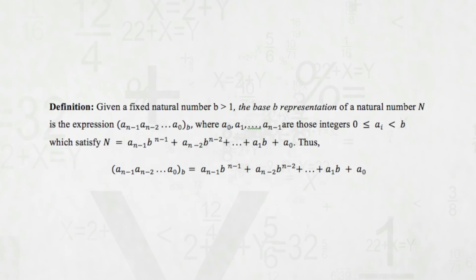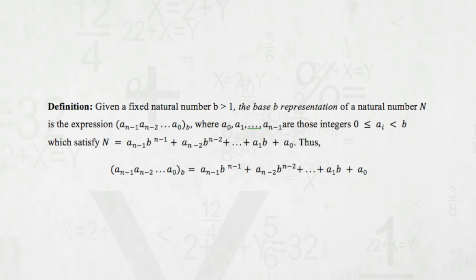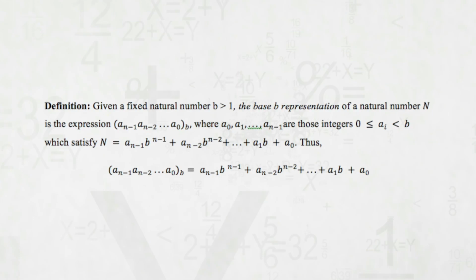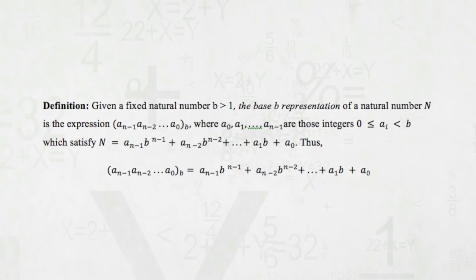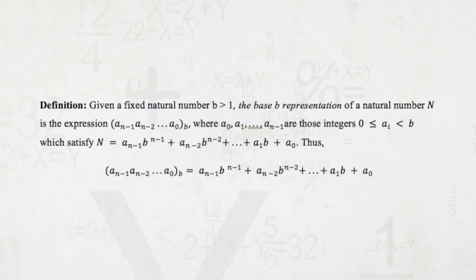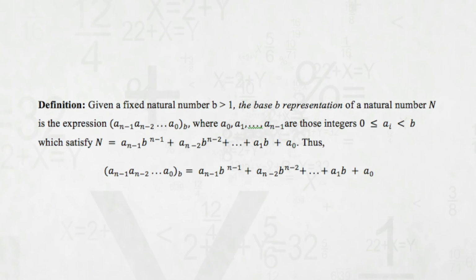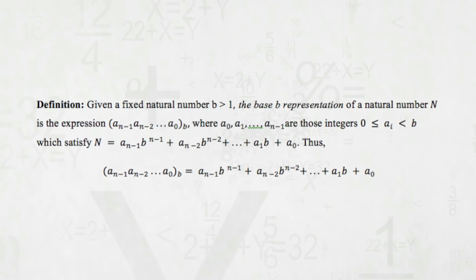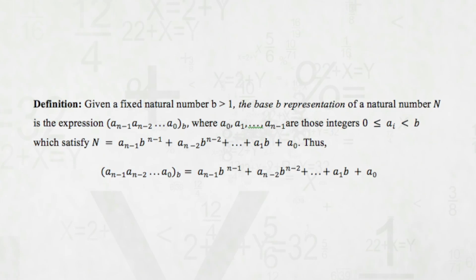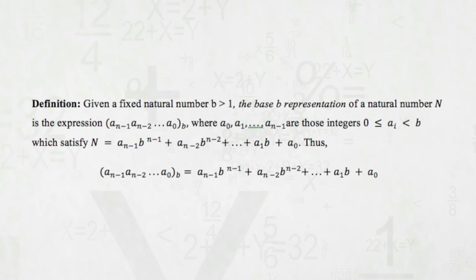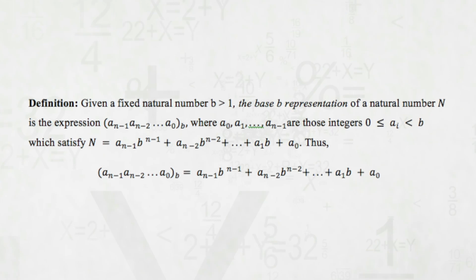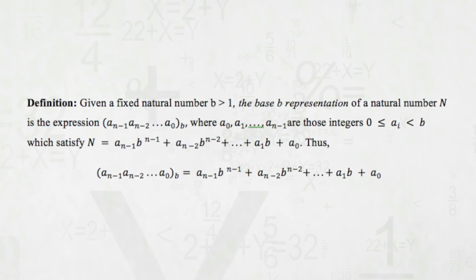That is, given a fixed natural number B greater than 1, the base B representation of a natural number n is the expression a_{n-1}, a_{n-2}, etc., a0 to the base B, where a0, a1, etc., a_{n-1} are those integers with ai lying between 0 and B, that is 0 less than or equal to ai less than B, and n can be written as a_{n-1} multiplied by B power n minus 1 plus a_{n-2} multiplied by B power n minus 2 plus etc., a1B plus a0.